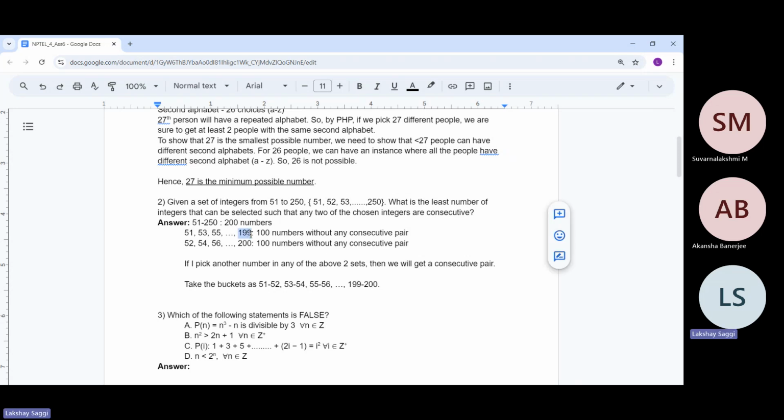Okay, I think I wrote less. This should be 249, this should be 250. Similarly, this should be 249 till 250. So we see that these are 100 buckets.